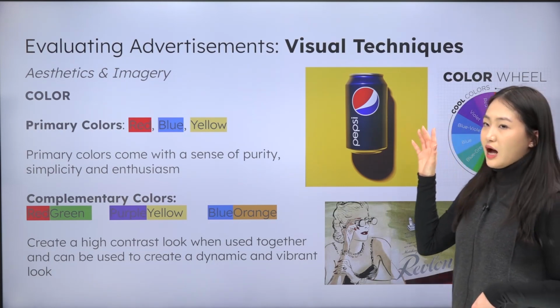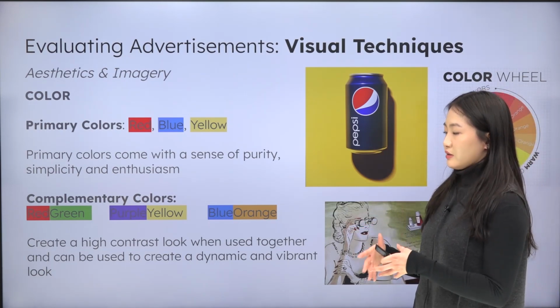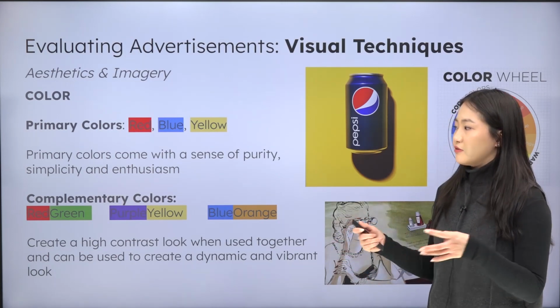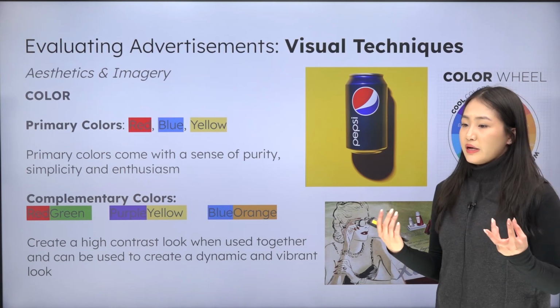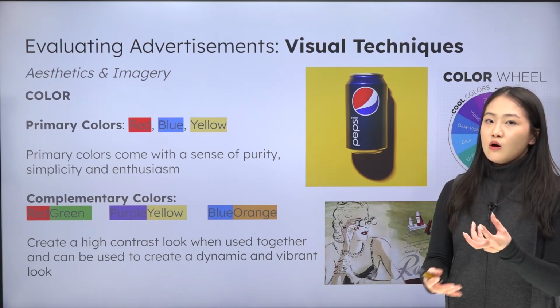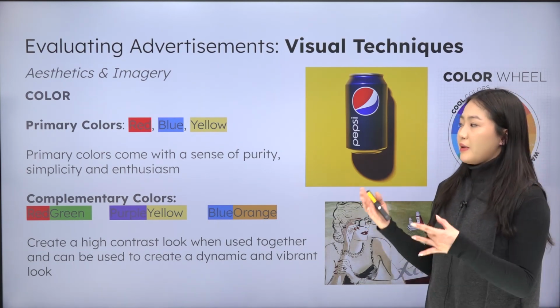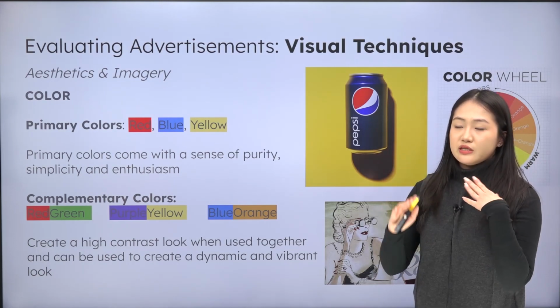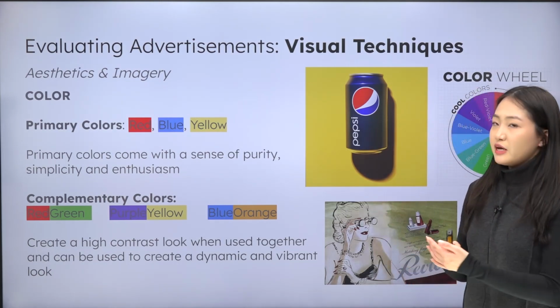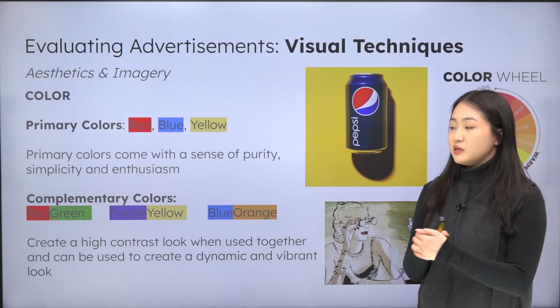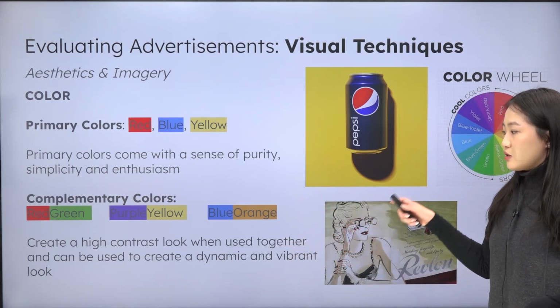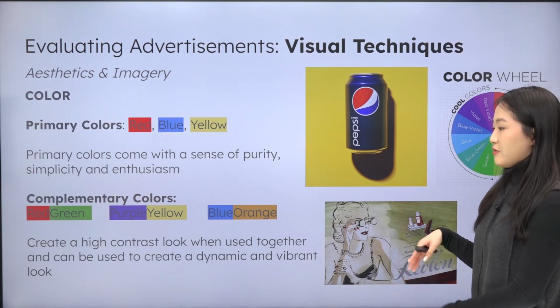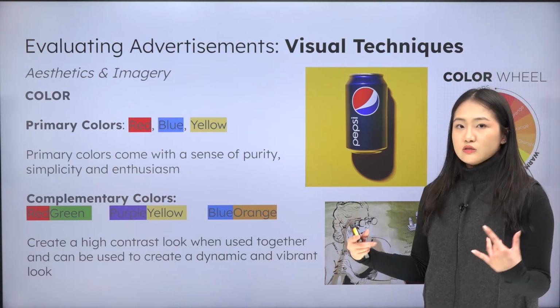It creates a high contrast when they are used together, and this can be either very bright reds and greens and purples and yellows, or it can be a muted purple with a very bright yellow, and it can vary in saturation and hues. But when they are used together, nonetheless, it creates a dynamic and vibrant look to the advertisement.